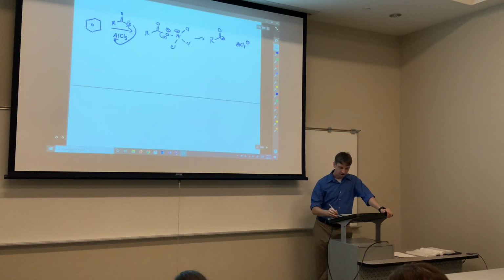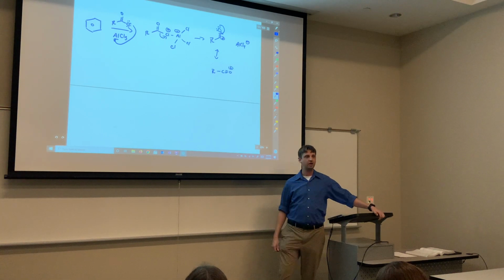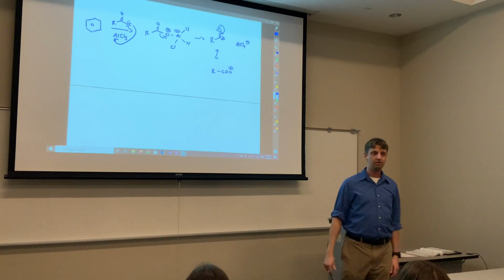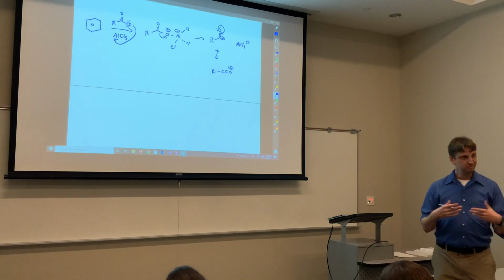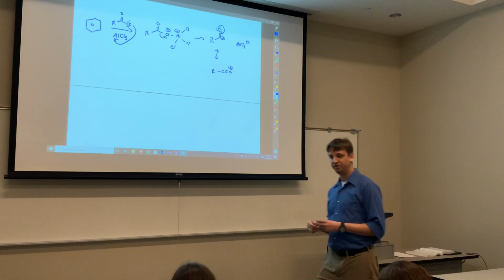All I'm saying is we could draw a resonance structure like this, right? Is that a resonance? Yeah. What is that effectively doing? Stabilizing it. So is it going to want to shift and rearrange?